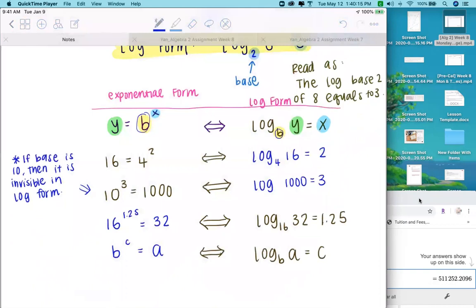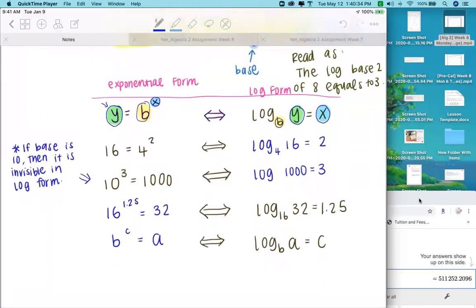And then we have our exponent. The exponent is going to go on to the other side. Okay, and then the y, whatever number used to be by itself, is now with the base. Okay, so let me show another example down here. If I say 5 squared equals 25.